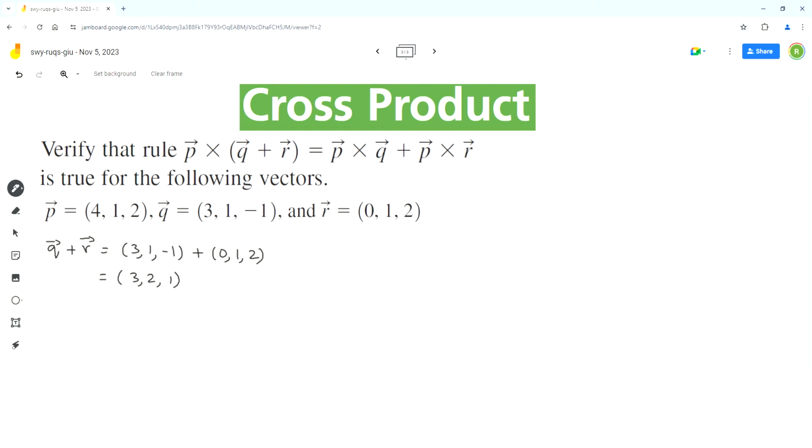So this is the sum of vectors Q and R. Now we'll do the cross product for the vector P and this sum of vectors Q and R. To do the cross product, we should stack the y, z, x and y components of these two vectors.